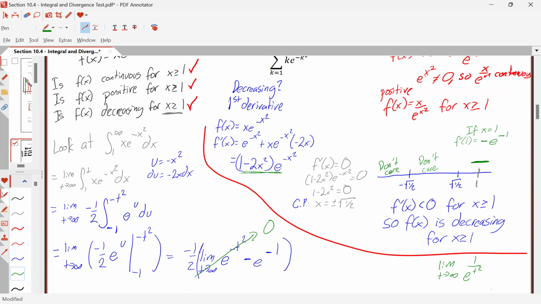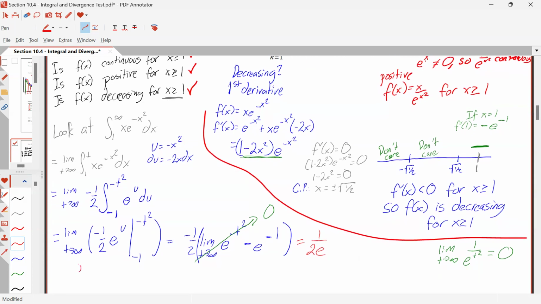That denominator will just be growing exponentially. That limit goes to 0. Meaning we have negative 1/2 times negative e to the negative 1, which is 1 over 2e. What this means is the integral from 1 to infinity of x e to the negative x squared dx converges to 1 over 2e.